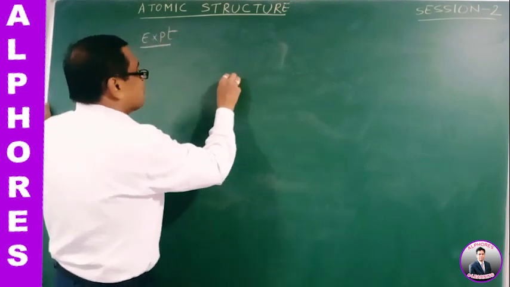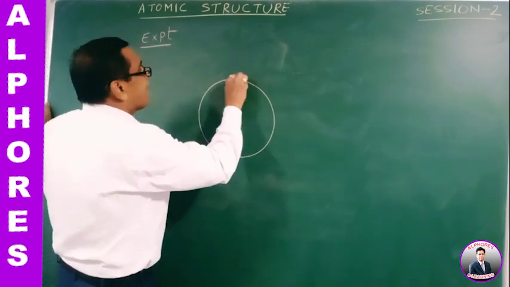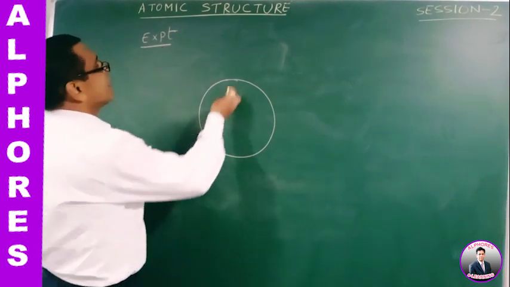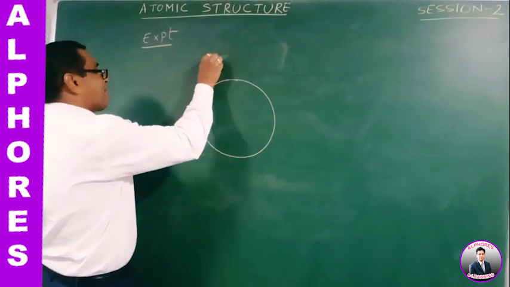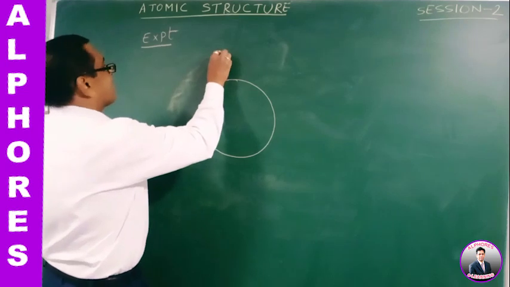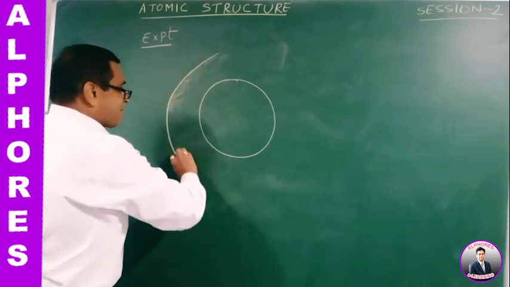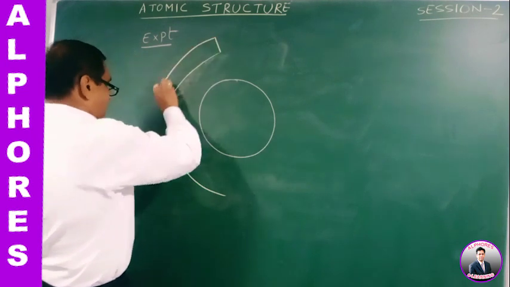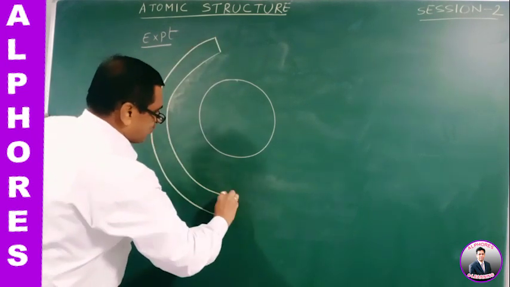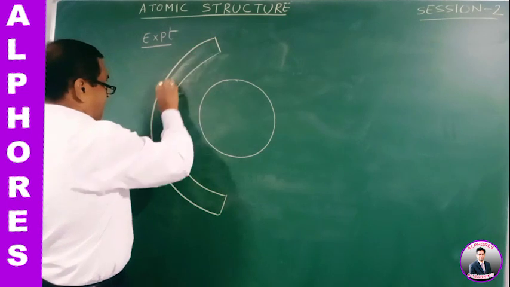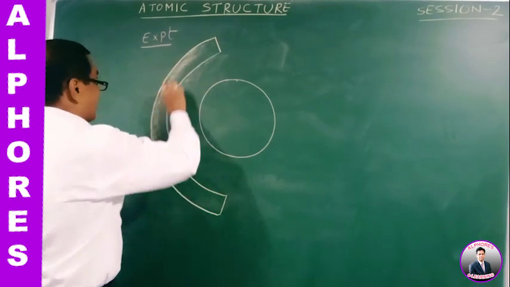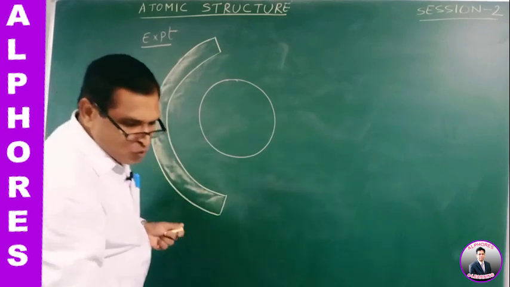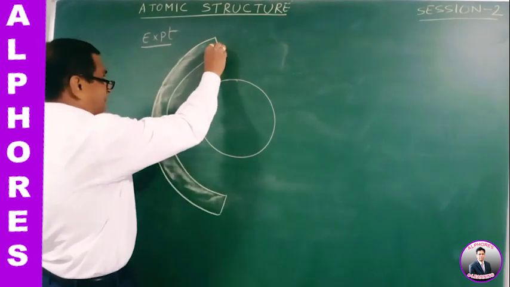That is a thin gold foil, and behind the thin gold foil he arranged a fluorescent screen coated with zinc sulfide.